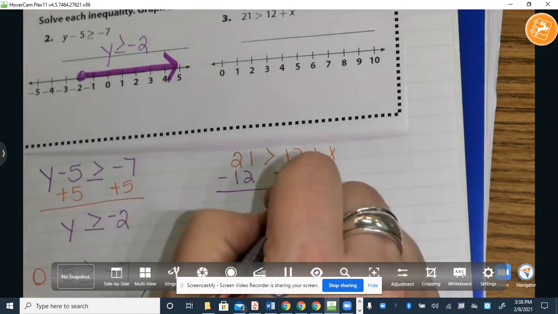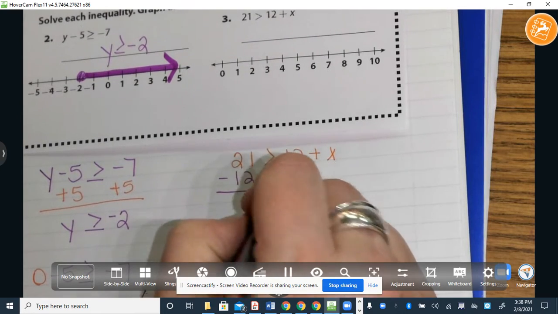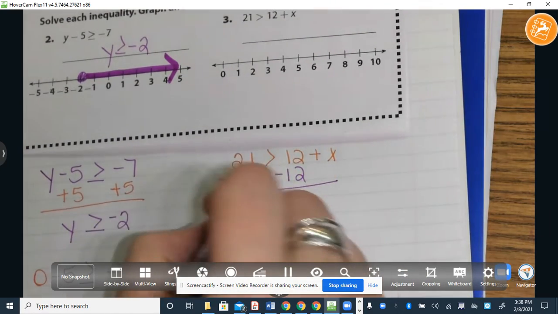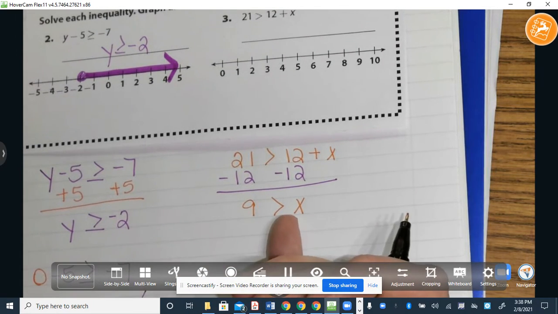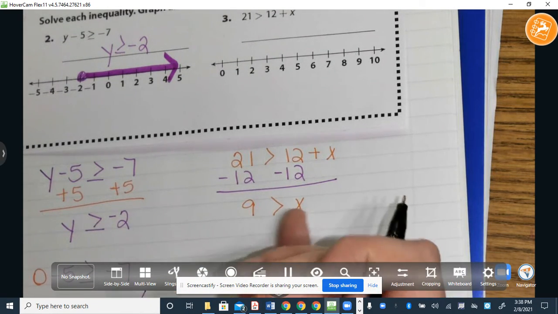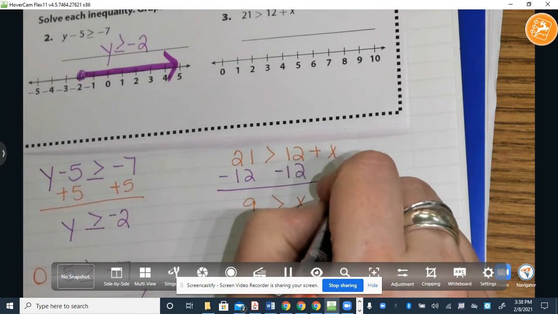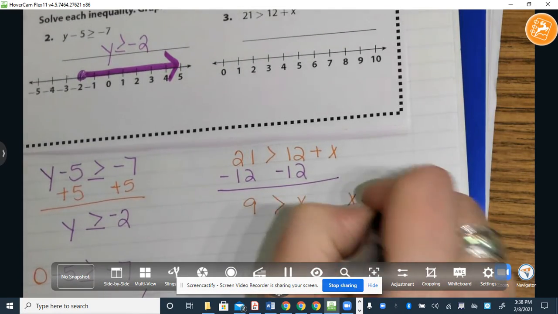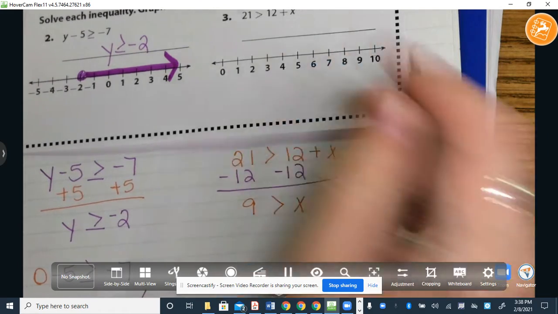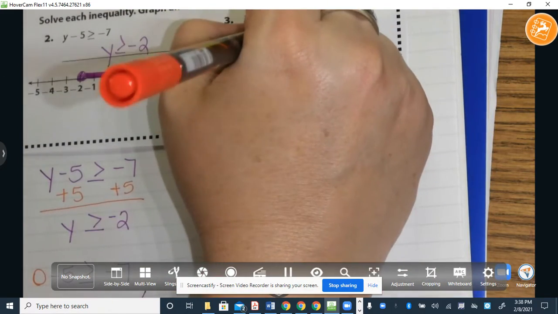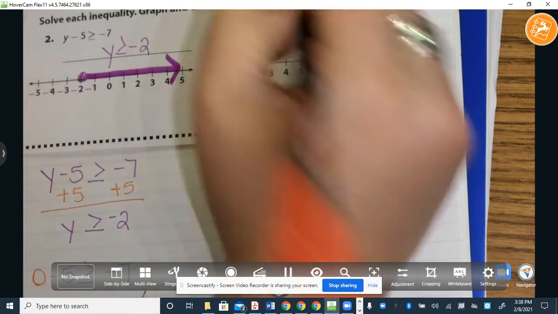So I'm left with x on this side is less than 21 minus 12, which is 9. Now remember, I like my variable first, so I'm just going to flip this over, which is the same as saying x is less than 9.